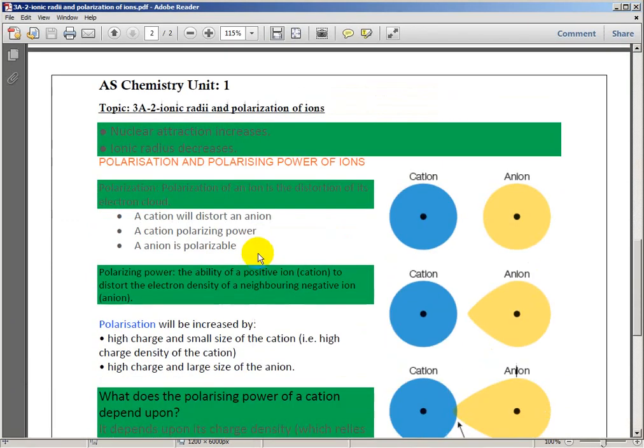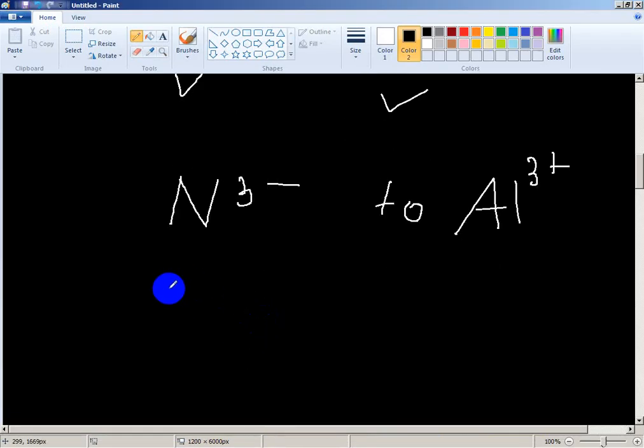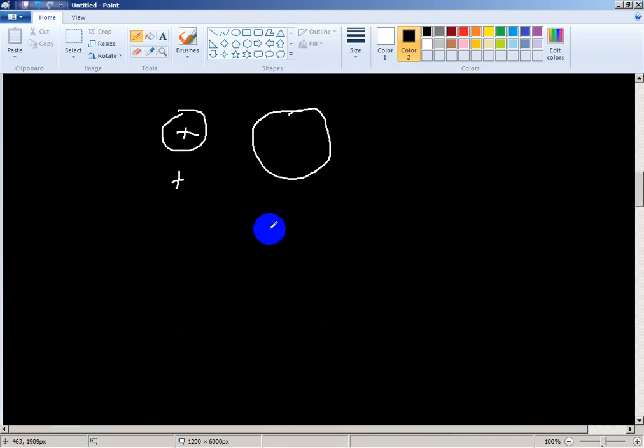Now the next topic is polarization. Polarization means distortion of ions. Polarization of an ion is the distortion of its electron cloud. Like a positive nucleus and this negative cloud: by the influence of positive ions, the electron cloud of negative ions is distorted.